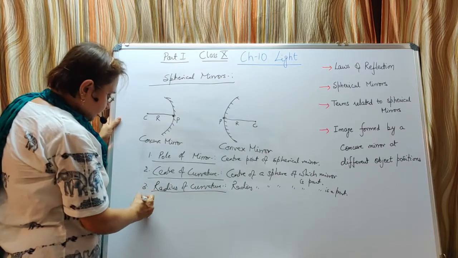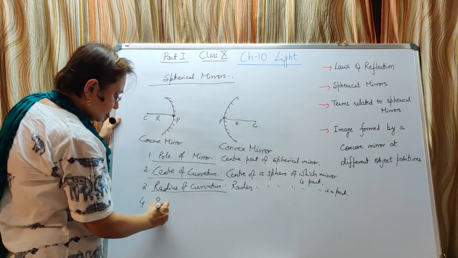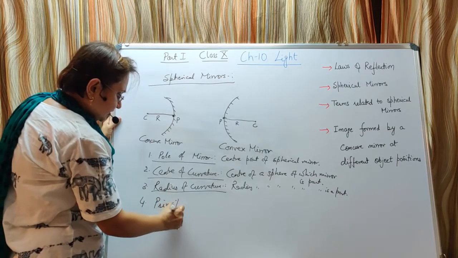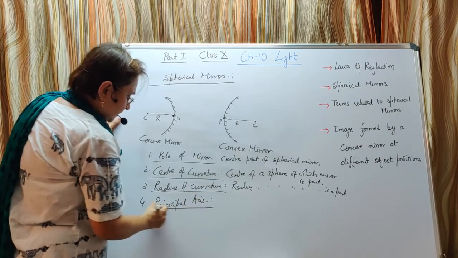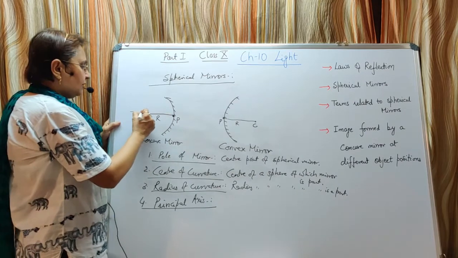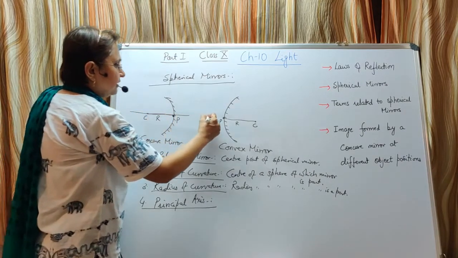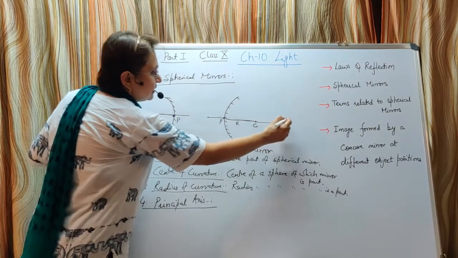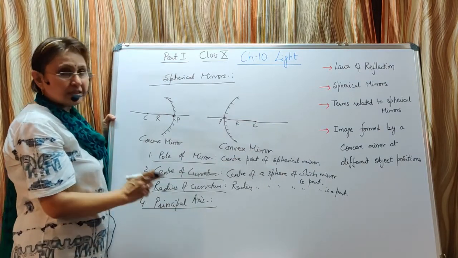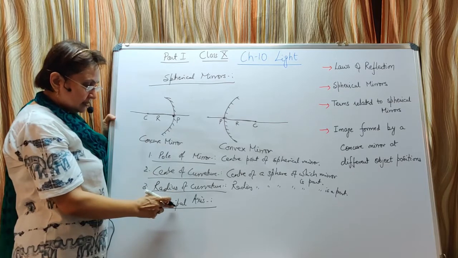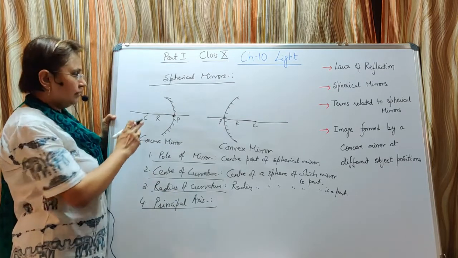Then the next term is the principal axis. The principal axis is this straight line P to C when extended. This line we call the principal axis. Principal is spelled P-R-I-N-C-I-P-A-L.